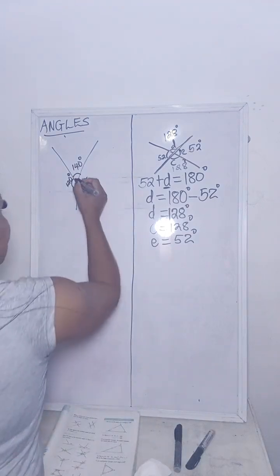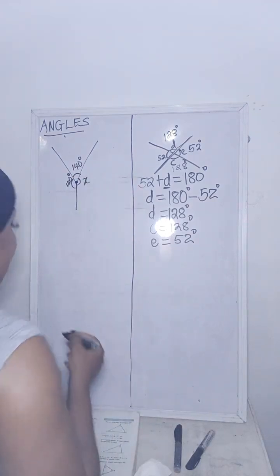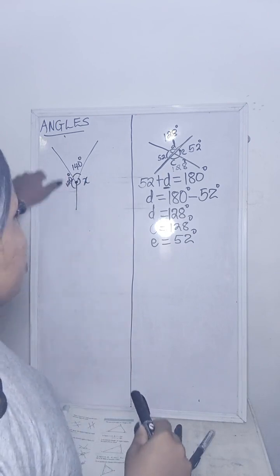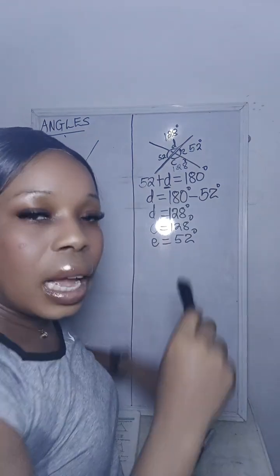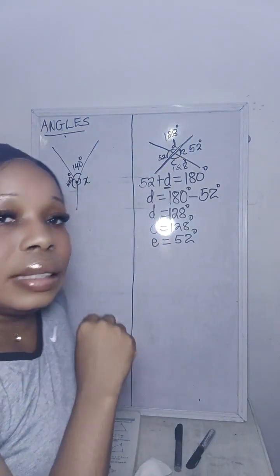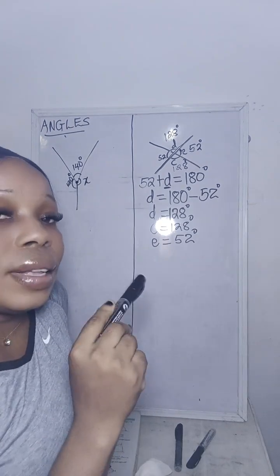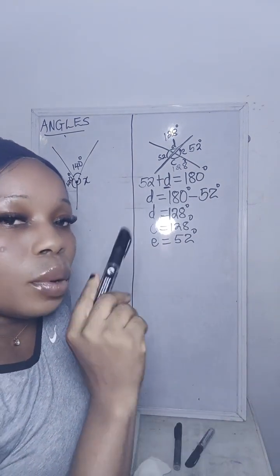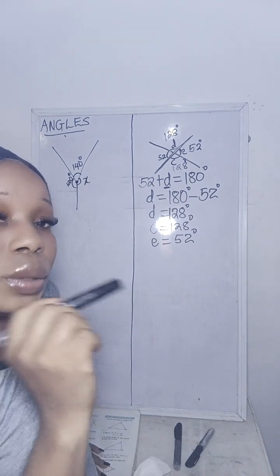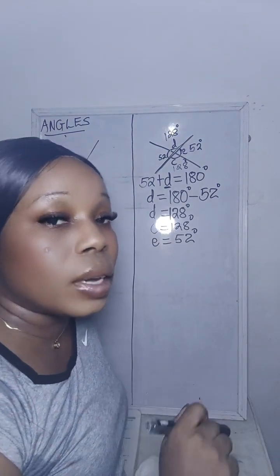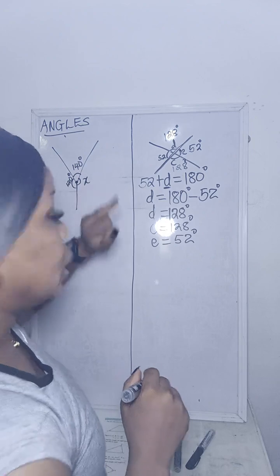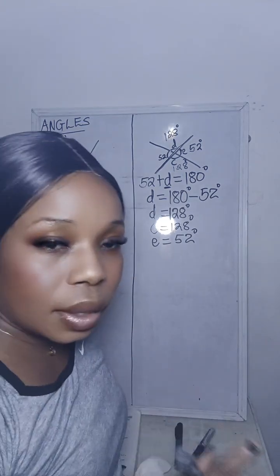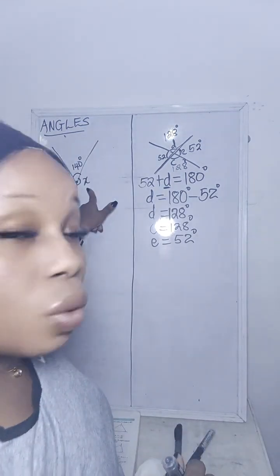You would notice that these angles are all angles at a point. I remember telling you that the sum of angles at a point is 360. It means when we add up all of these, they have to give us 360. But we need to find x.